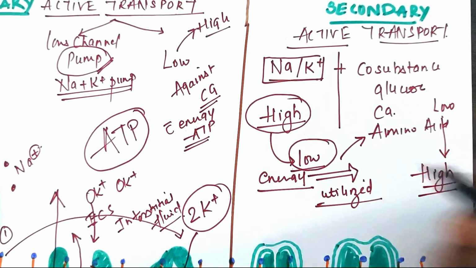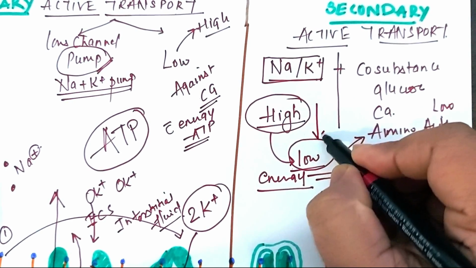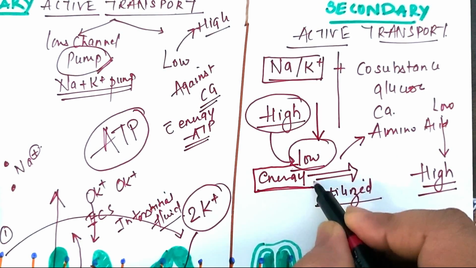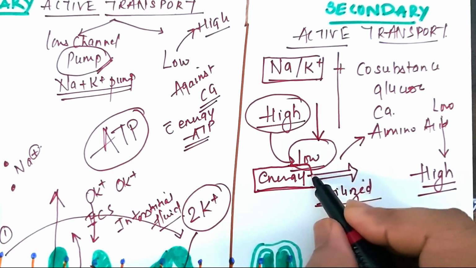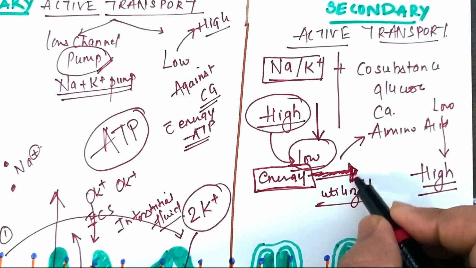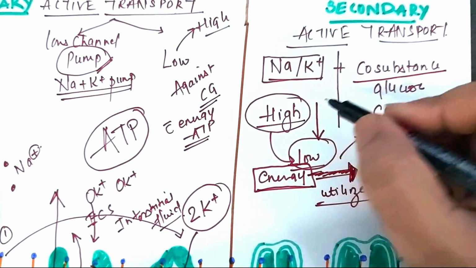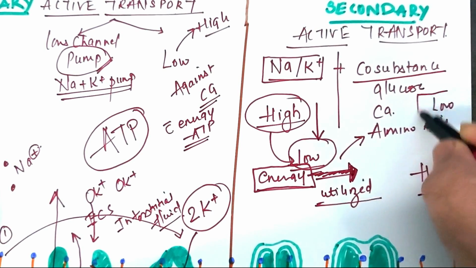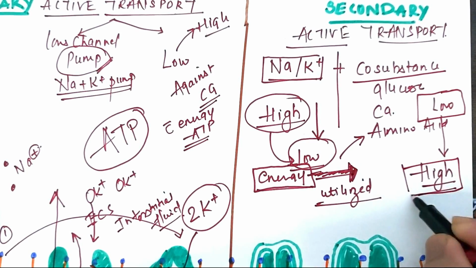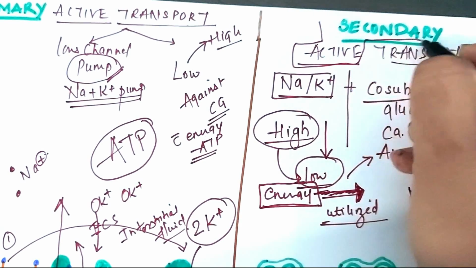So the molecules which are flowing from high concentration towards low concentration, the energy utilized by them will be used further to transport some other molecule along with them from its low concentration area to the high concentration area, and that is your secondary active transport.